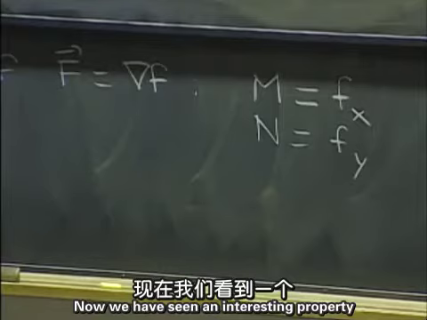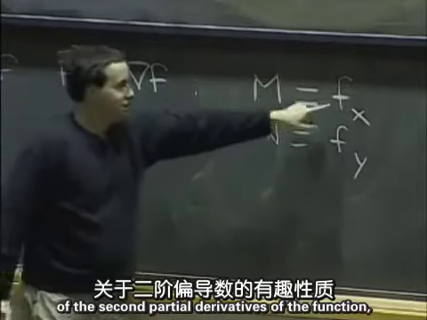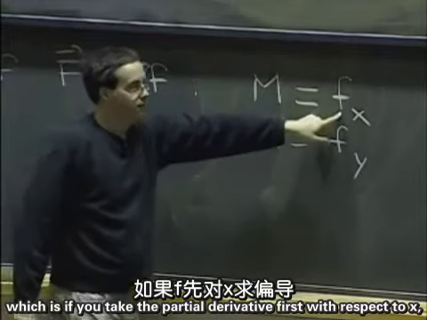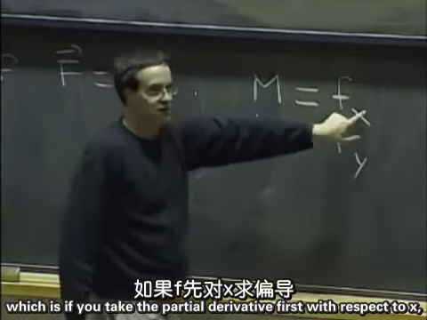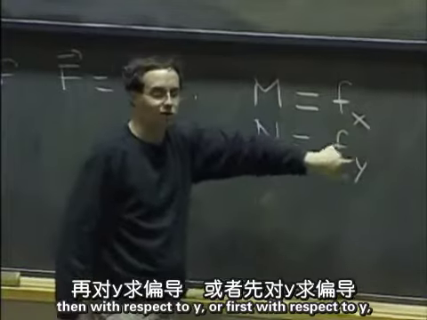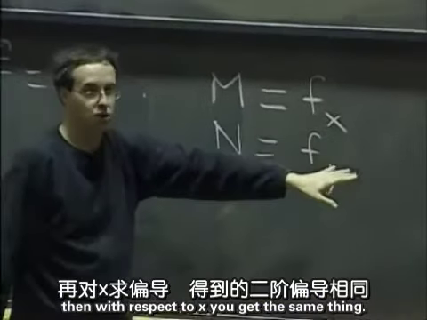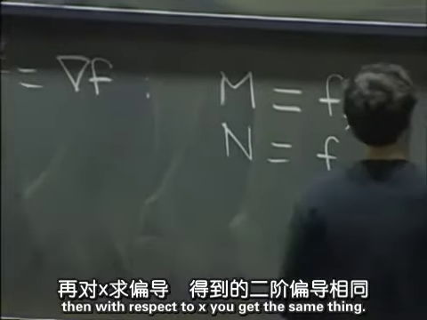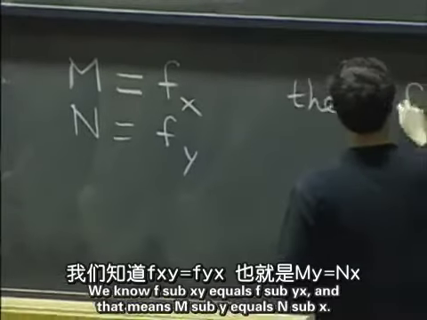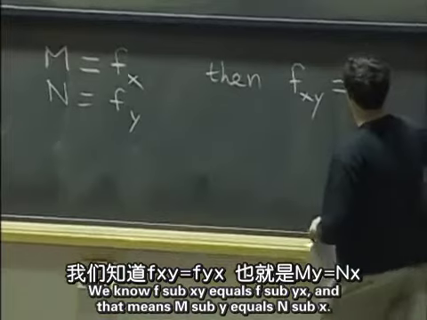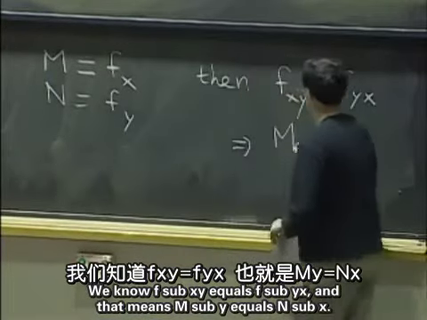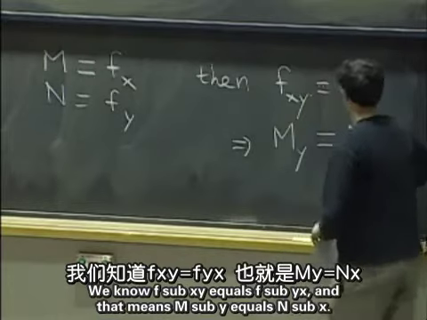Now we have seen an interesting property of the second partial derivatives of a function, which is that if you take the partial derivative first with respect to x, then with respect to y, or first with respect to y, then with respect to x, you get the same thing. So we know f sub xy equals f sub yx, and that means M sub y equals N sub x.